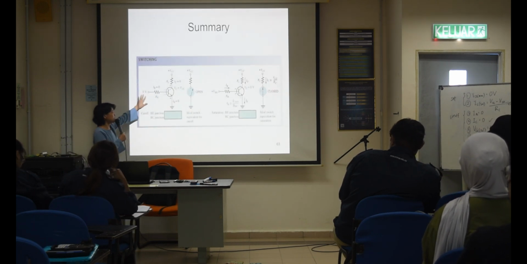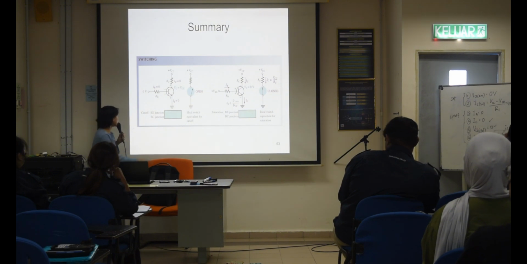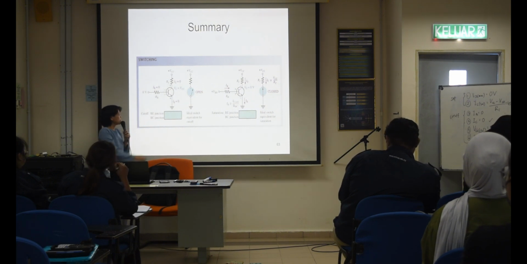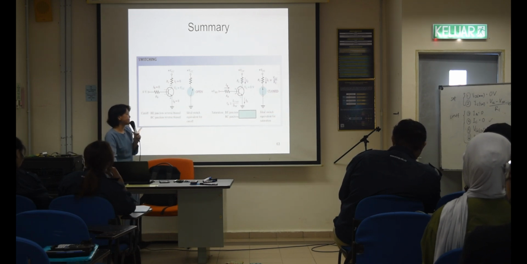This one is cut off, right? When cut off, your EC junction is DC reverse bias. For saturation, forward bias. Very good.